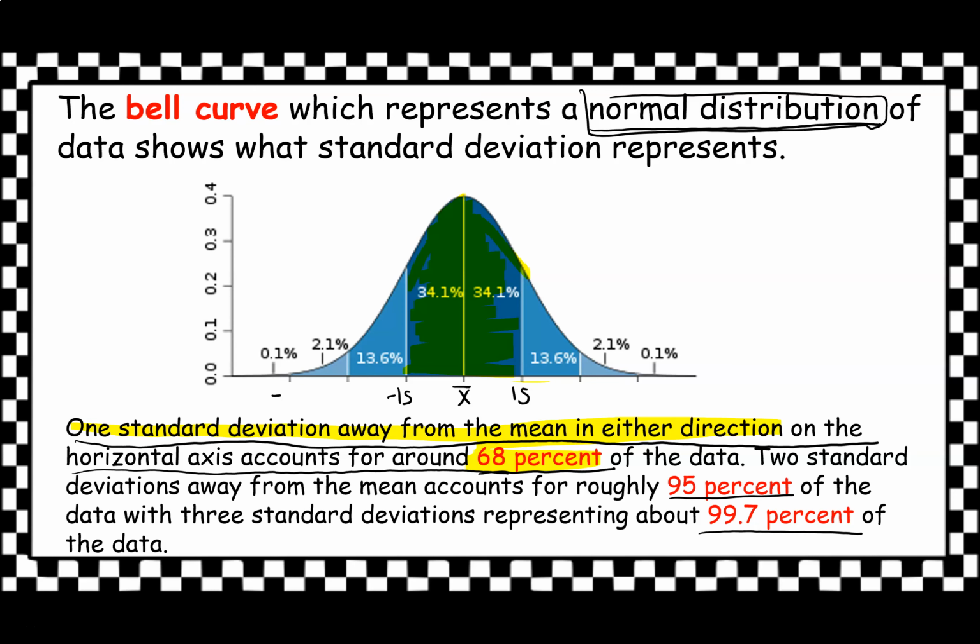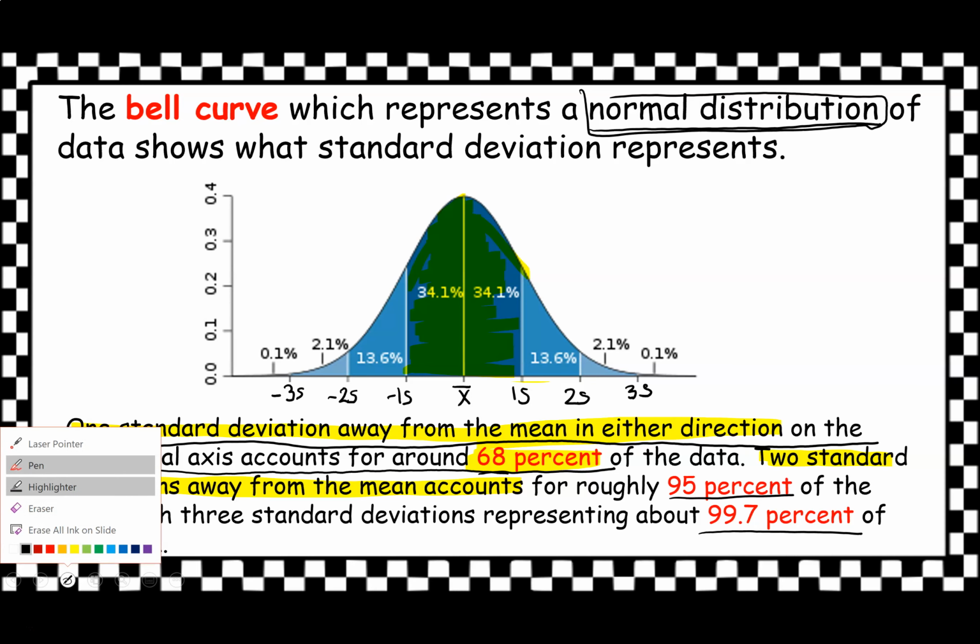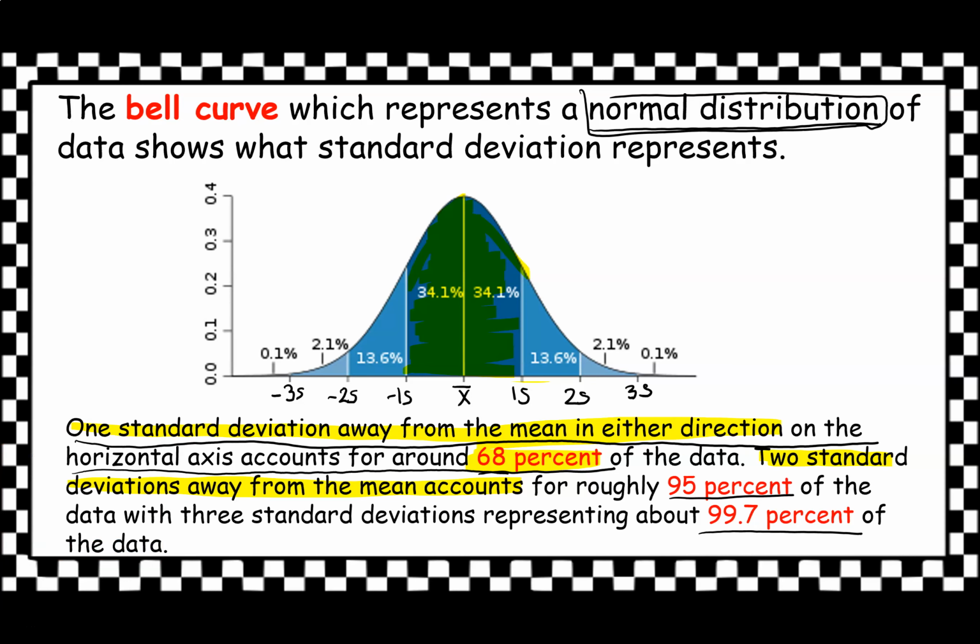Like I said, you can use 68 or 68.2. It's up to you. Now, what about being 2 standard deviations away from the mean? Well, let's add those to our chart here. So this would be 2 standard deviations. If we're talking about being 2 standard deviations away from the mean in either direction, we're talking about this right here that I'm highlighting.